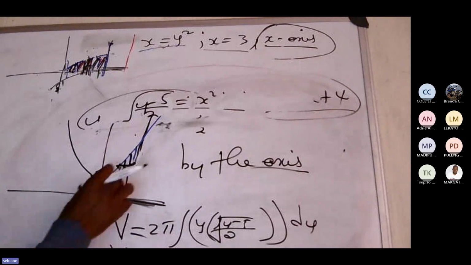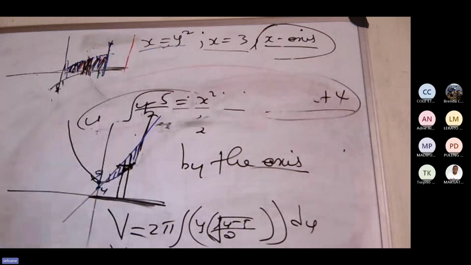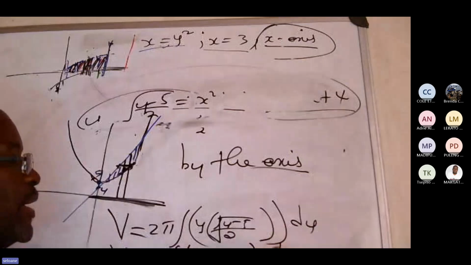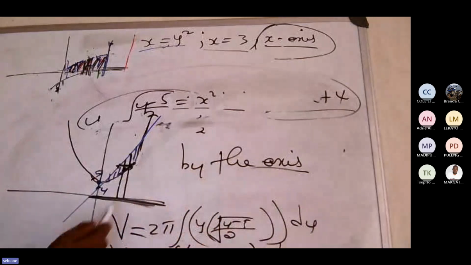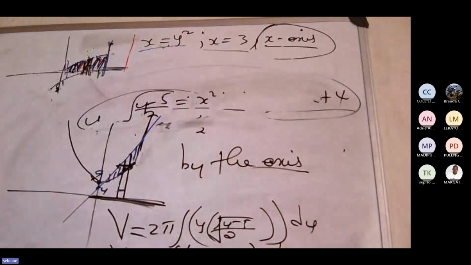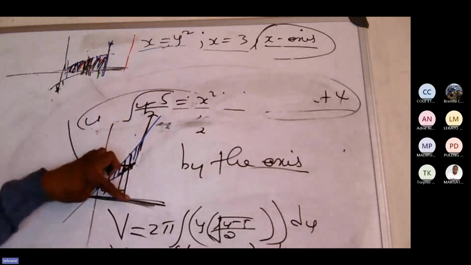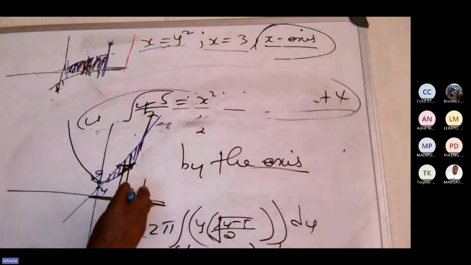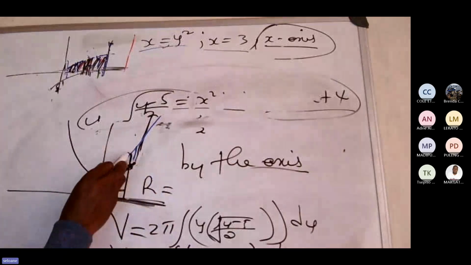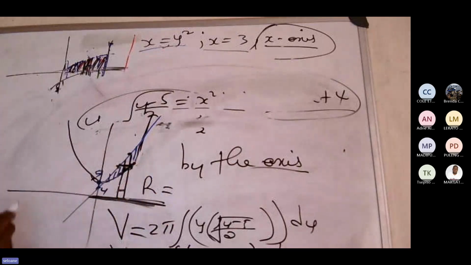Cut it. Then when you cut it out, it will now have what? A horizontal distance, the thickness. It will be horizontal. Then it will now be what? The distance from here to here, capital R. What is y here?